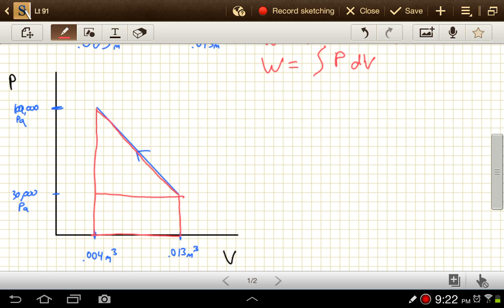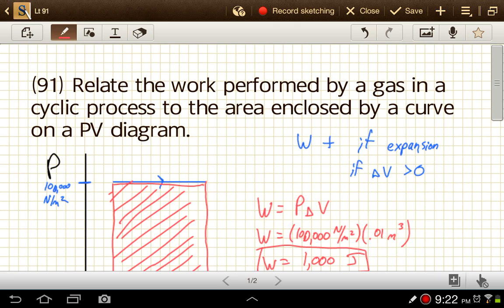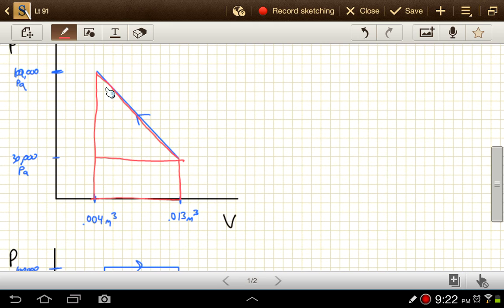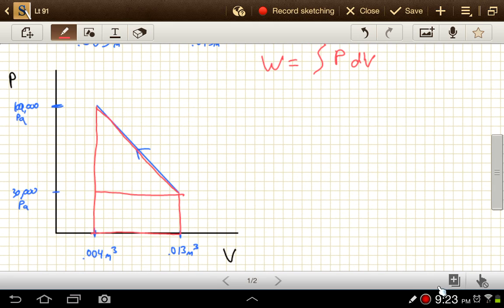So in this case, the system around the gas is actually doing work on the gas. So here, the work done by the gas is going to be a negative value because we have contraction in this case. So we can already say work is going to be a negative something or other.